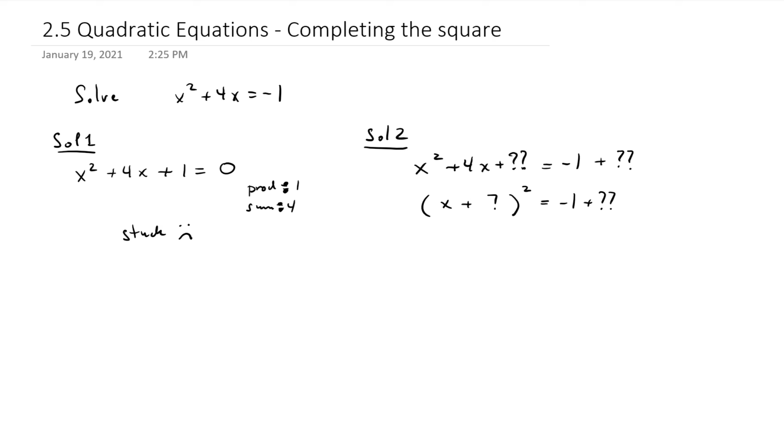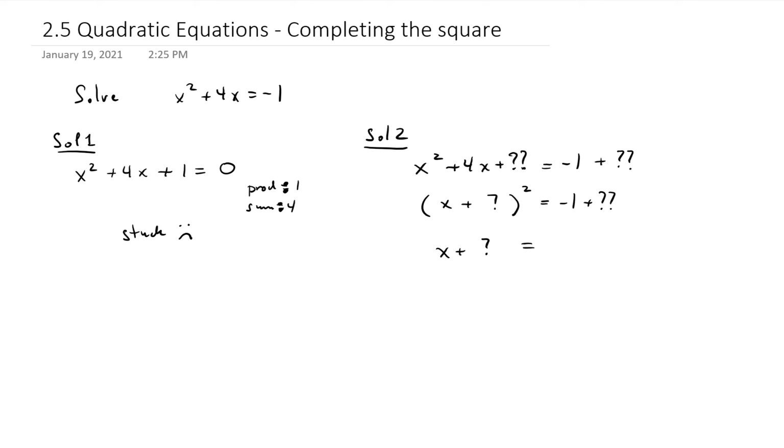Once we have the left-hand side written as a perfect square, we're going to take square roots on both sides. And the other side could be the positive or the negative square root, right? If I write down x squared equals 9, x could be plus or minus the square root of 9, right? So we're going to do the same thing here.